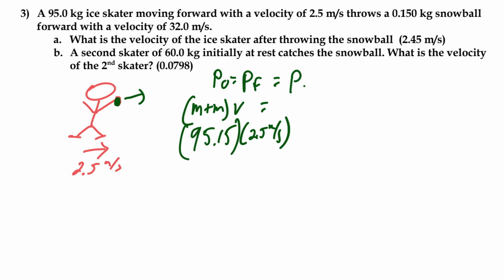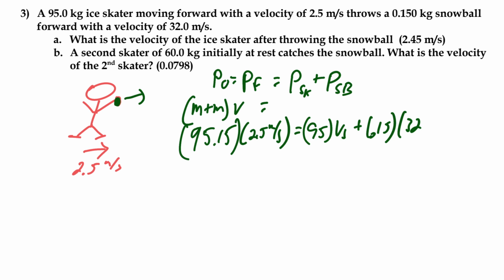Afterwards, we have the momentum of the skater plus the momentum of the snowball. So in other words, we have the mass of the skater, which is 95, times her velocity, plus, now the mass of the snowball is only 0.15, and the snowball is going to be moving 32 meters per second.